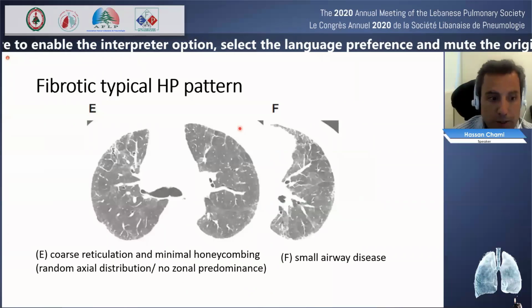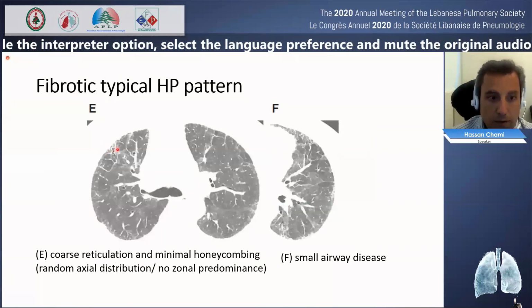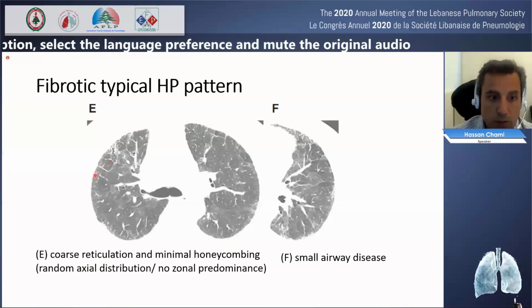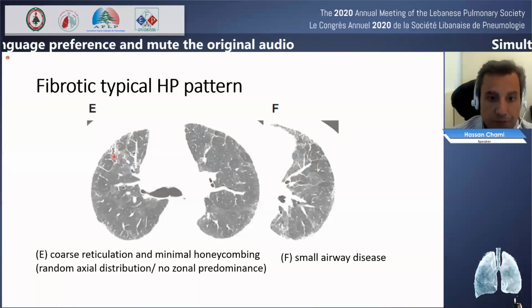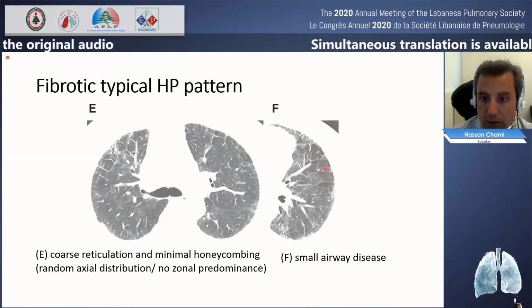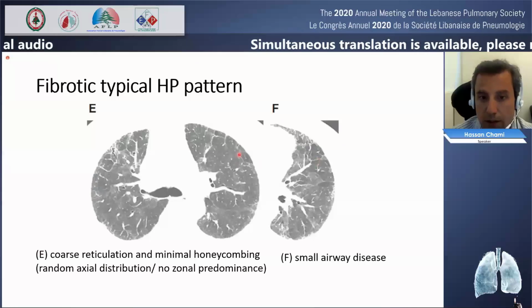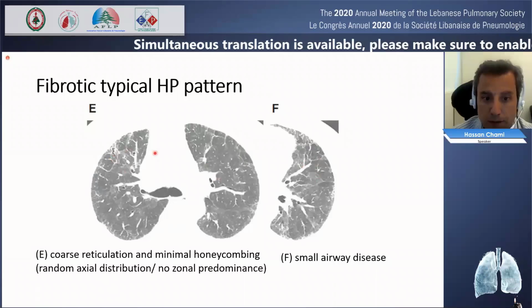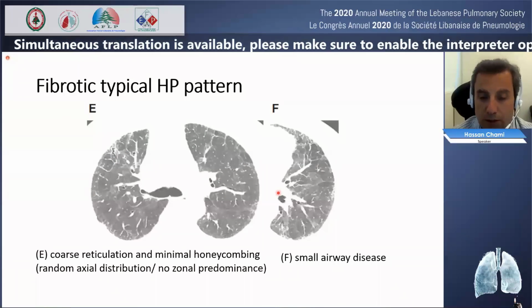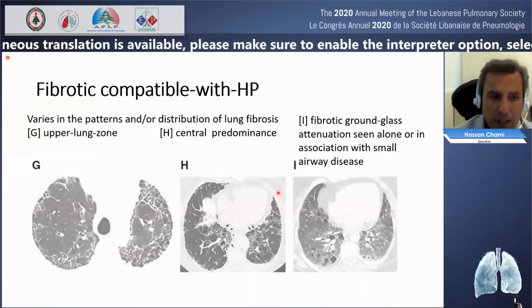And with imaging here, you could see findings of fibrosis, such as these increased reticular markings, and here's some traction bronchiectasis, together with features of small airway disease as seen in this mosaic pattern. So once you have this combination of mosaic attenuation together with features of fibrosis, that's considered now to be typical of fibrotic HP pattern.